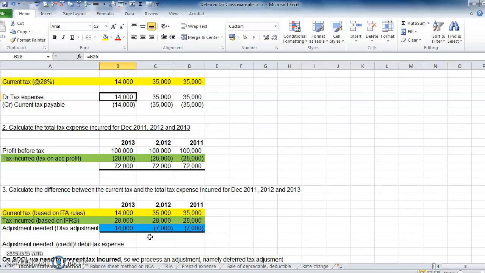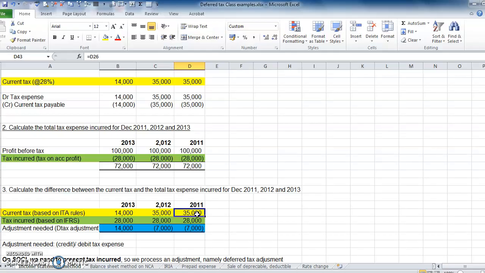But now we need to adjust our tax expense to 28,000, isn't it? So for 2011 and 2012, we process this journal, debit tax expense, credit current tax payable, 35,000.